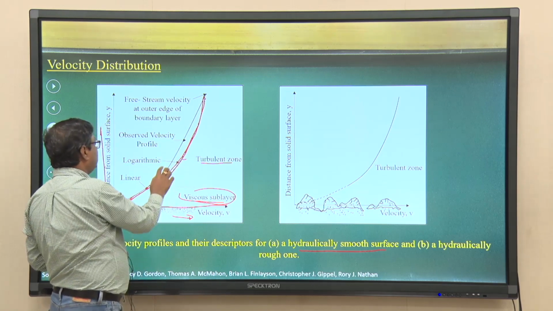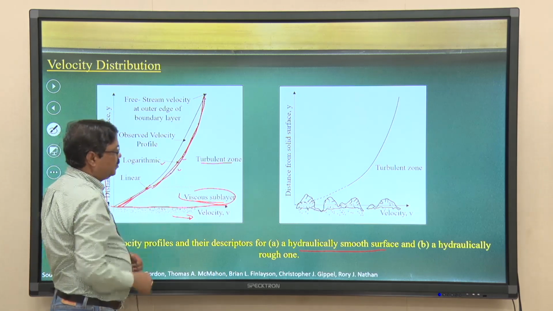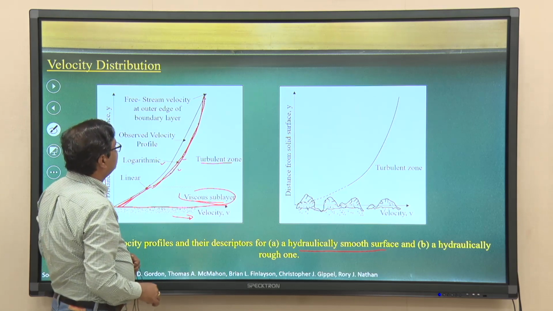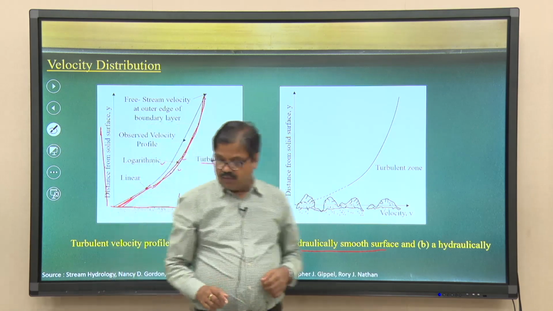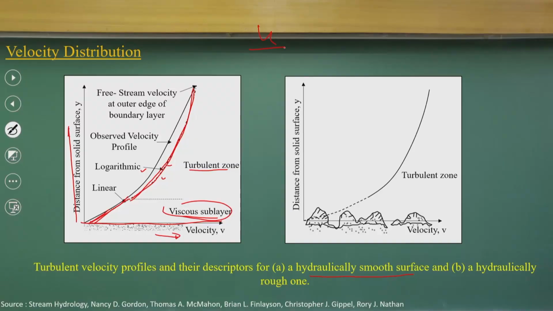velocity distribution, but there will be a difference between the observed and logarithmic profiles. The velocity distribution follows like this: u divided by V star, where V star is the shear velocity, is equal to 5.75 log of y V star by the kinematic viscosity, plus 5.5.